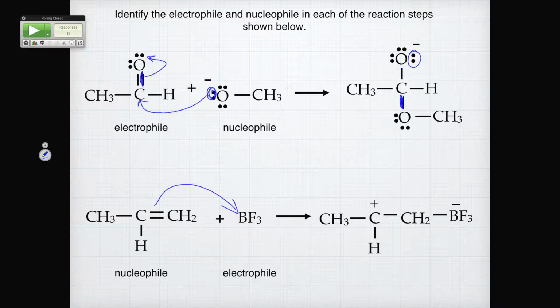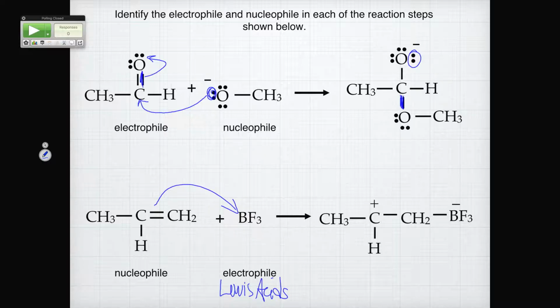Okay? Now, electrophiles are also referred to as Lewis acids. What's the definition of a Lewis acid? Electron pair acceptors.